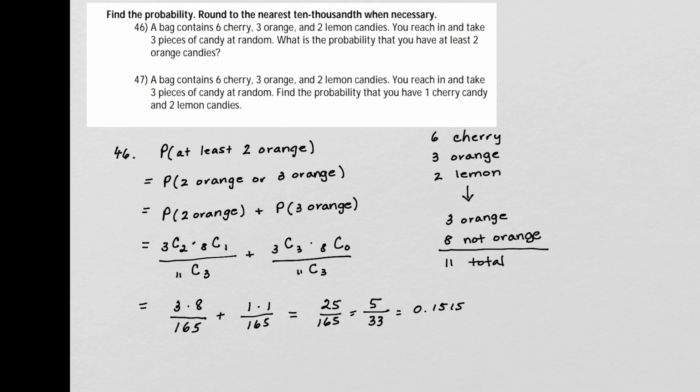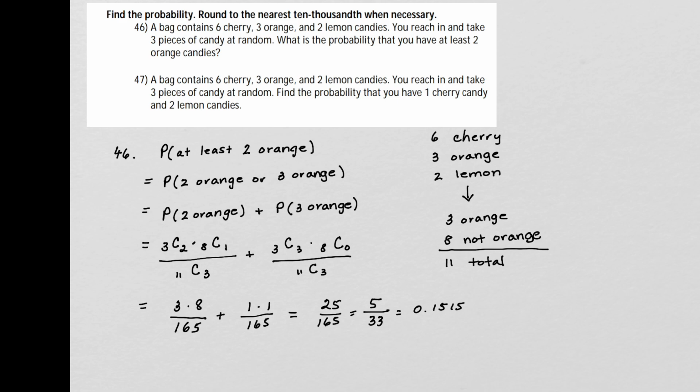So now, the probability of getting exactly 2 orange: out of the 3 orange candies, we want 2 of them to be orange. And out of the 8 remaining candies, we're going to select 1. So 2 from the set of 3 orange and 1 from the set of 8 that are not orange.